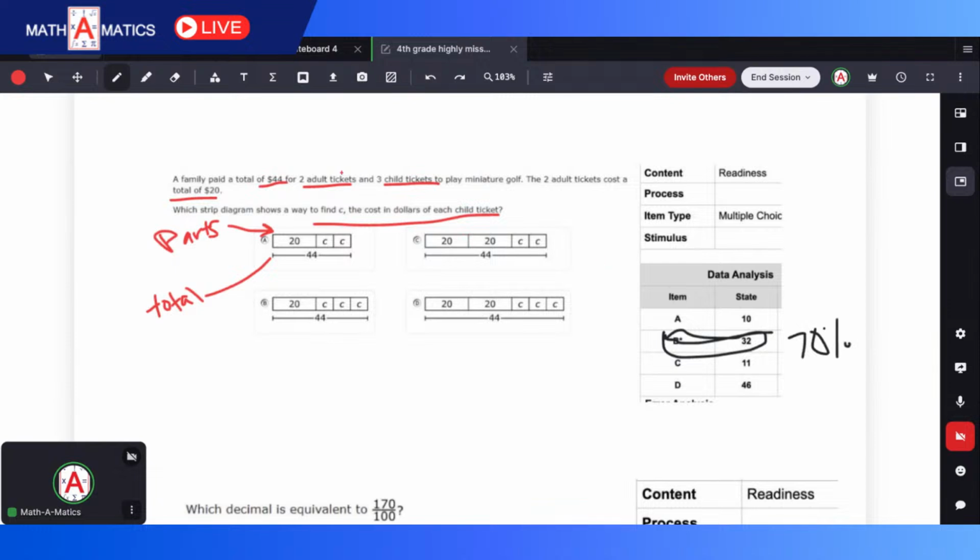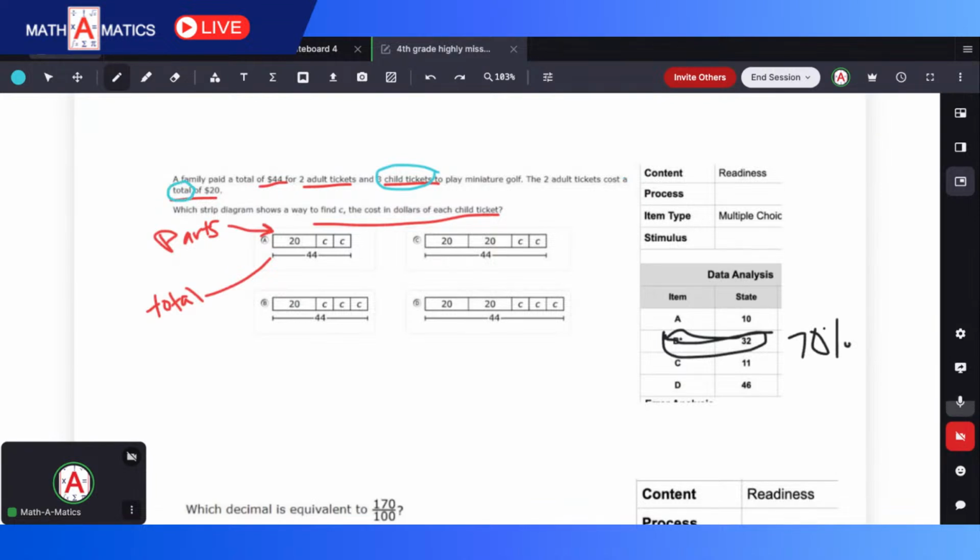All right. So, since we know that we're looking for C, it said we had 3 children's tickets. And we knew our 2 adult tickets cost $20 already.